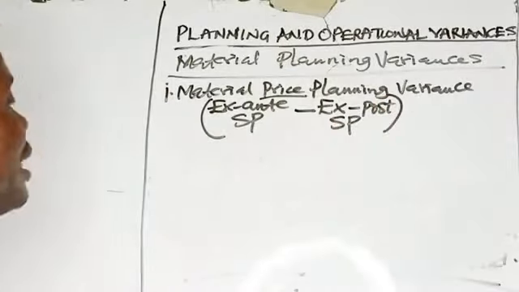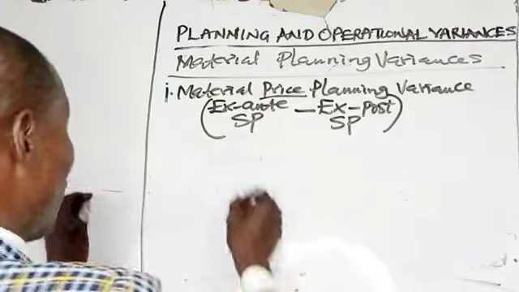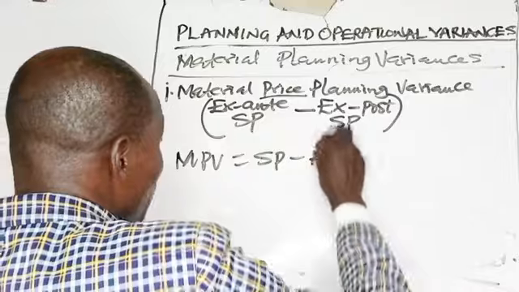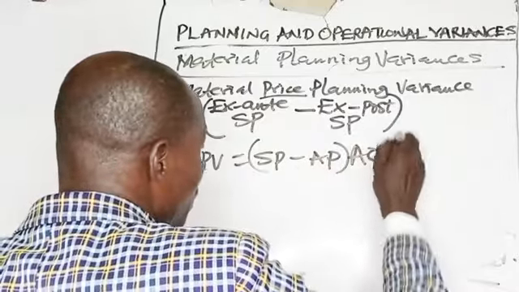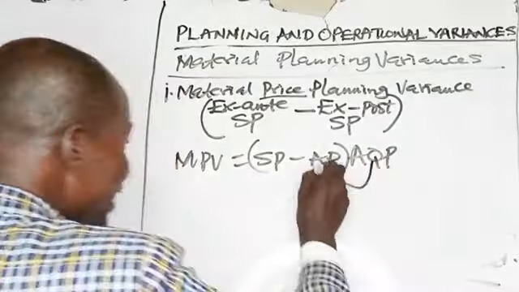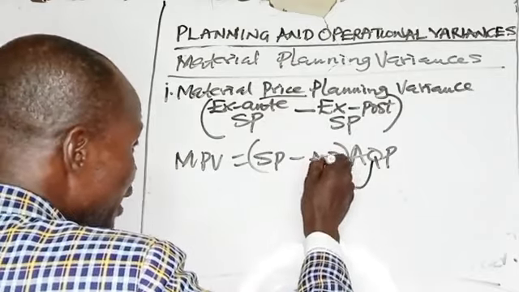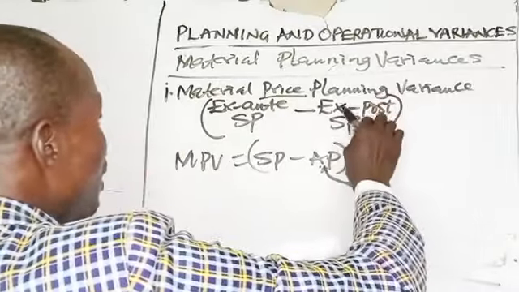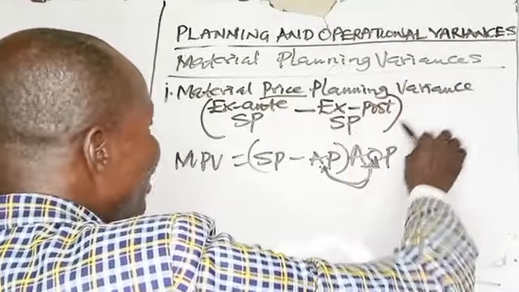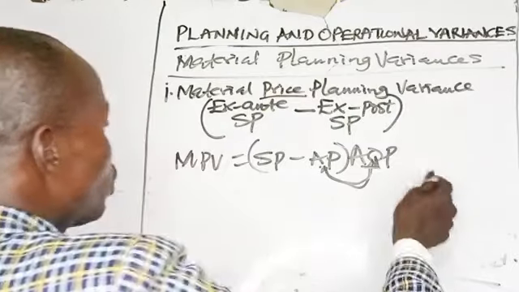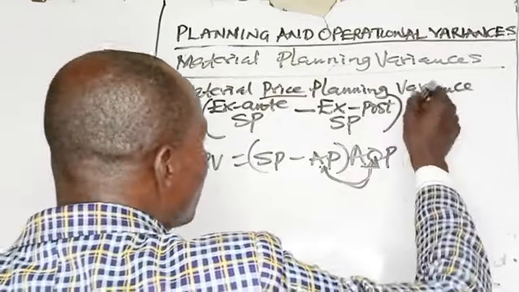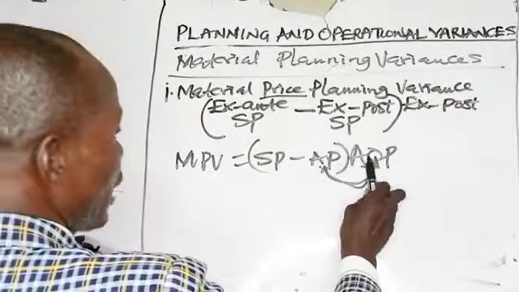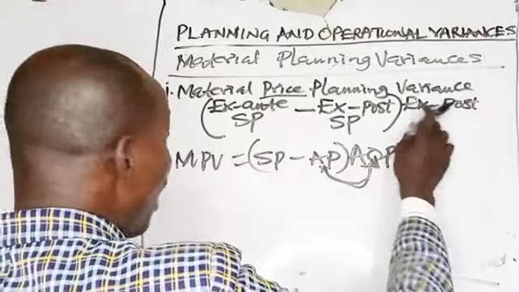In the normal traditional material price variance, it is standard price minus actual price multiplied by actual quantity purchased. So in planning variance also, what you have here will determine what you are going to have here. So you are going to have ex post standard quantity, since you don't have actual in ex post.